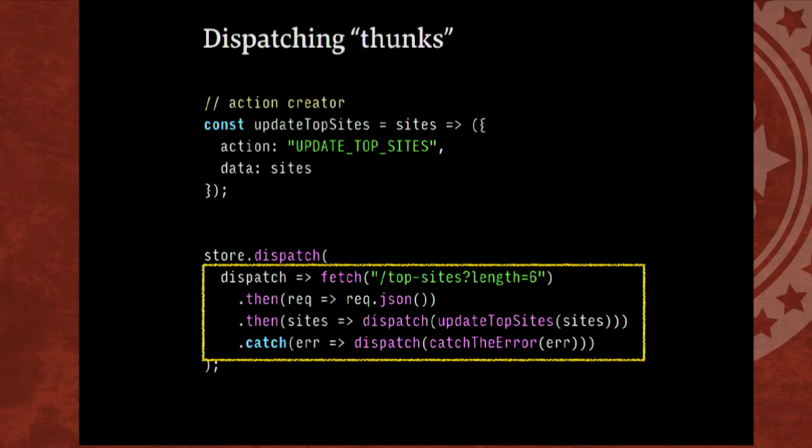It's just a function that can then dispatch other actions at some point in the future, and it can do stuff with promises and whatever. So if we're talking to a server, for example, we might go and fetch top sites and pass it a limit of 6. We're going to parse that response, and then we're going to send an action with our update top sites action creator, or catch the error. Pretty simple. So this is a model of concurrency we're very familiar with.